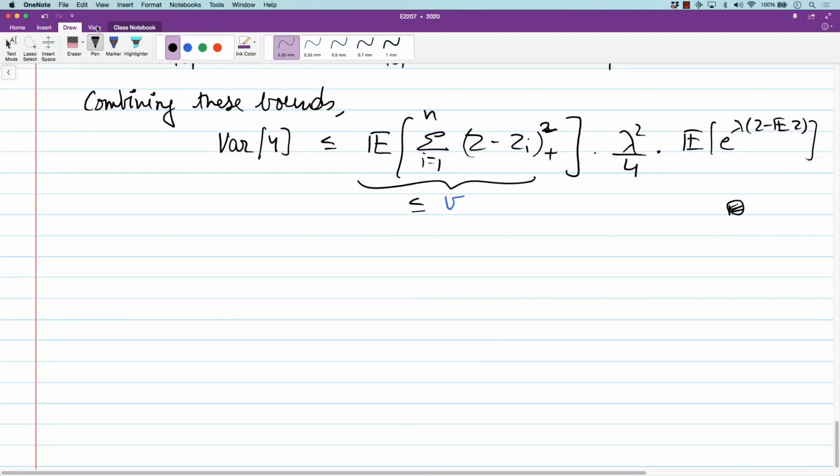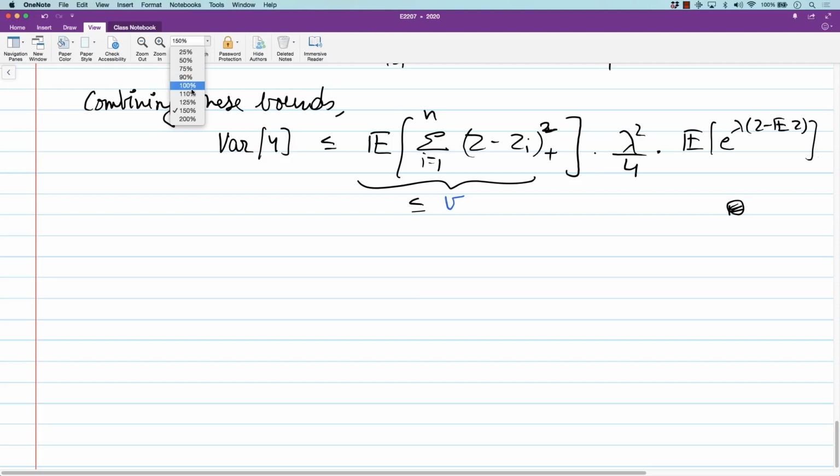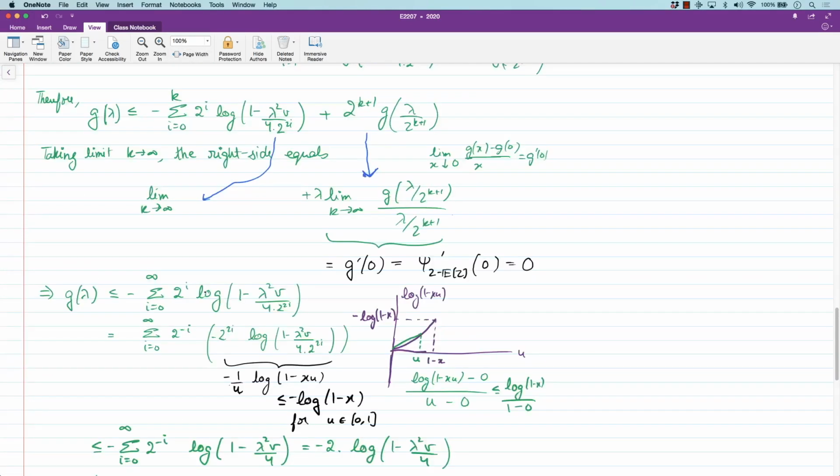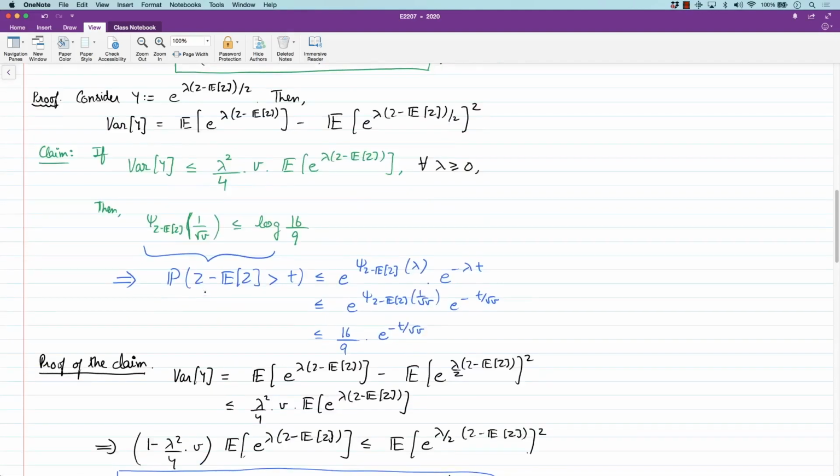The recipe itself. The magic was in identifying this particular property, the property in the claim, this one here, and it's this property that we identified.